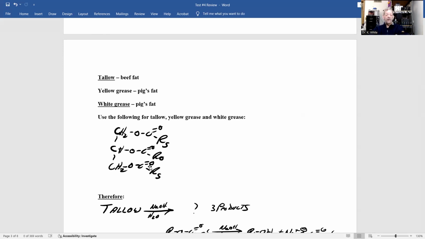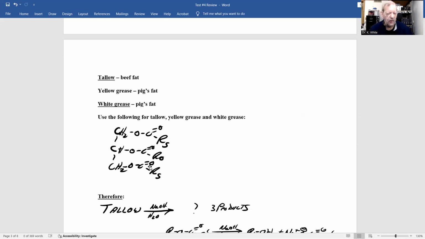And the company I worked for would buy 2 to 3 million pounds of tallow, yellow grease, white grease. If we get yellow grease, white grease, we'd buy that because that was about 2 or 3 cents a pound cheaper. And if you're buying 100 million pounds, 2 or 3 cents a pound makes a difference. But tallow is more readily available.